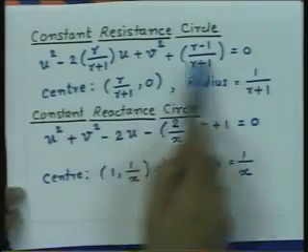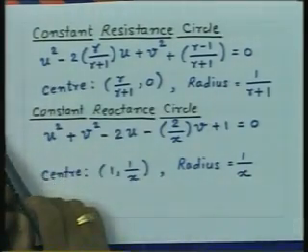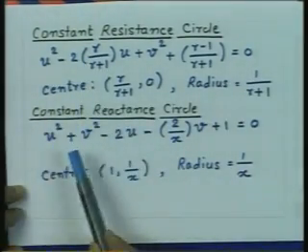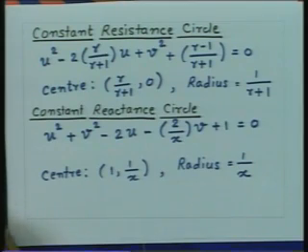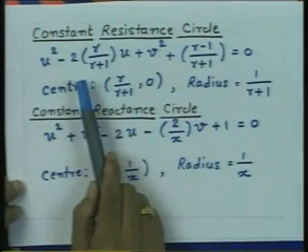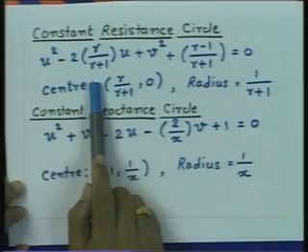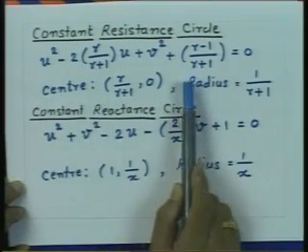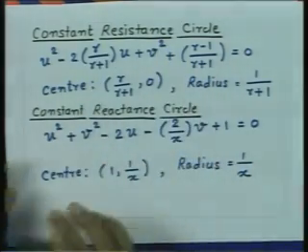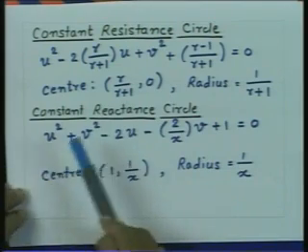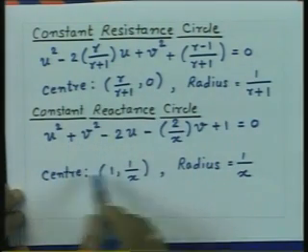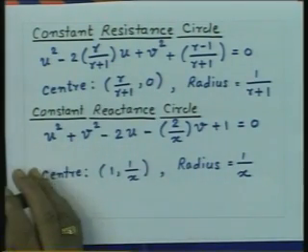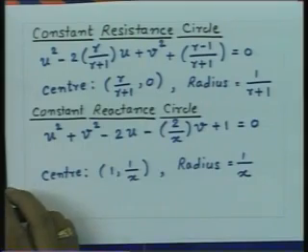Now, if I look at these equations, it immediately strikes us that both equations represent circles on the complex gamma plane. So, for any given value of r, I get a circle on the complex gamma plane. Similarly, for any value of x, I get a circle on the complex gamma plane.